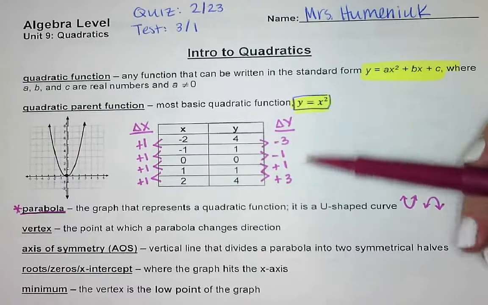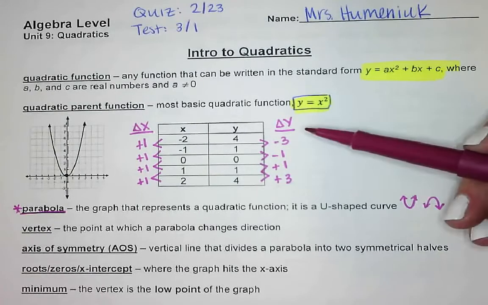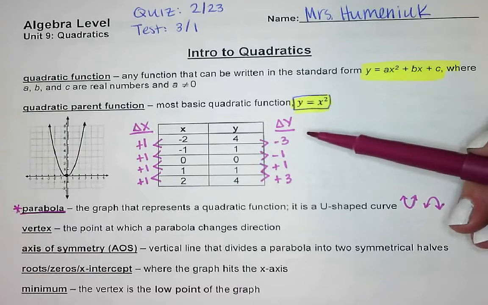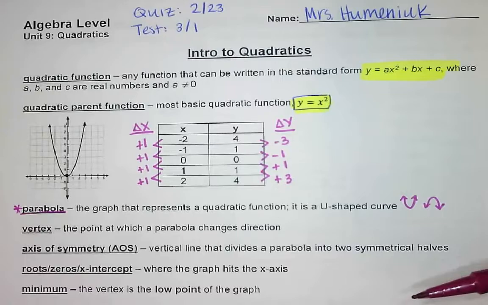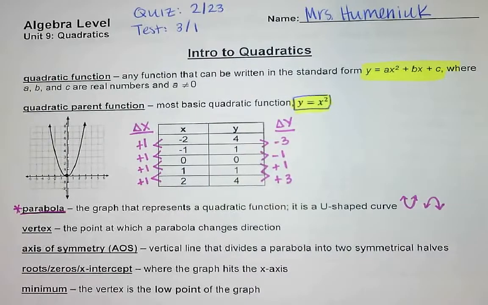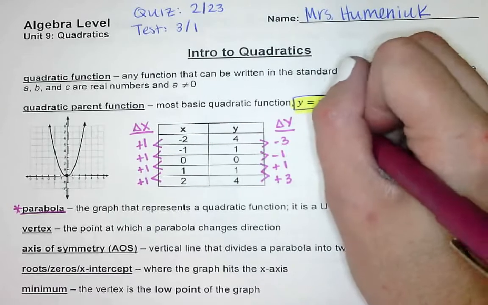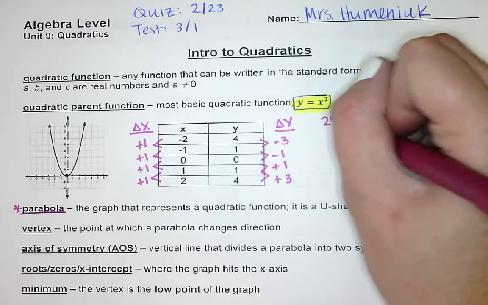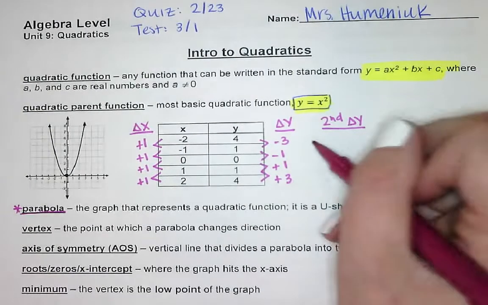So guys, is that a constant rate of change? No, right? With a linear function, it would be a constant rate of change. They would all be the same, right? That constant x with your constant y. But not with a quadratic function. But what I want to show you that's kind of cool about a quadratic function, guys, is let's look at the second change in y.